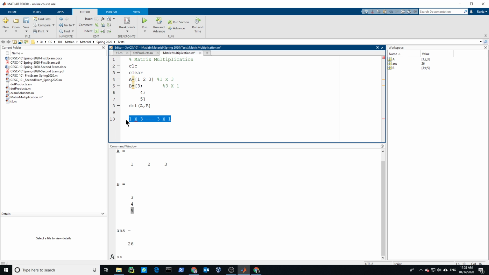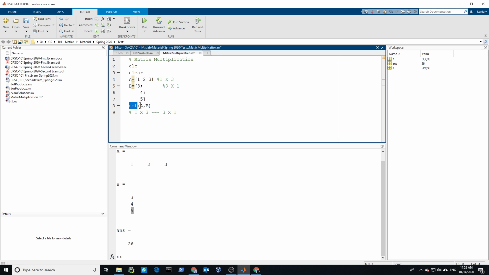The number of columns of the first matrix equals the number of rows in the second matrix. So just remember that this is the condition that you always have to meet to be able to do multiplication. All right.